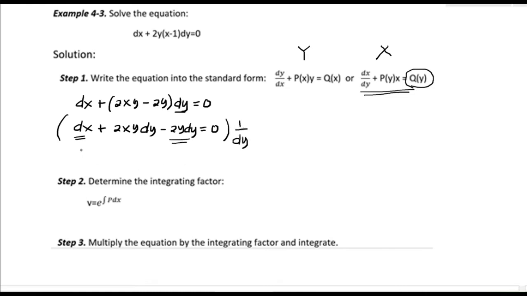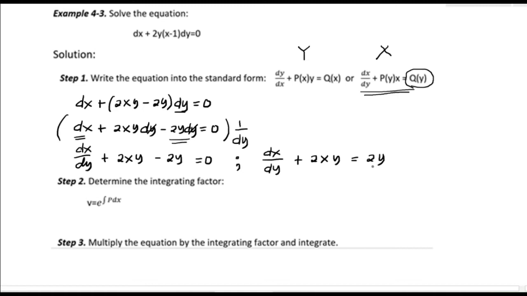So we have here dx over dy plus, this is cancelled, so you have 2xy, then cancel, you have negative 2y equals 0. Then we transpose negative 2y to the right side. So you have dx over dy plus 2xy equals 2y. This is now our standard form.